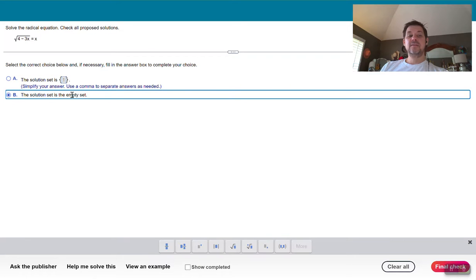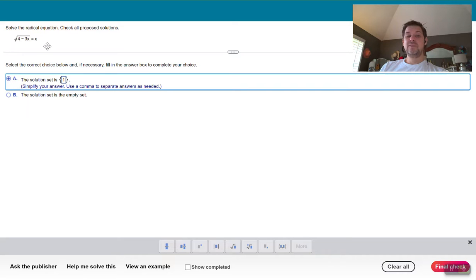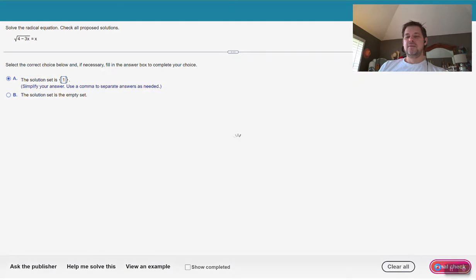Either there isn't an answer, which is what this means: the solution set is the empty set. The solution set is the collection of all numbers that are the answer or solution to the equation. But if I solve this one, I'll get only one answer, and it will be 1. I just have to put it right here and then check the answer.